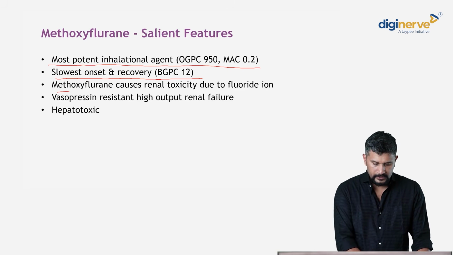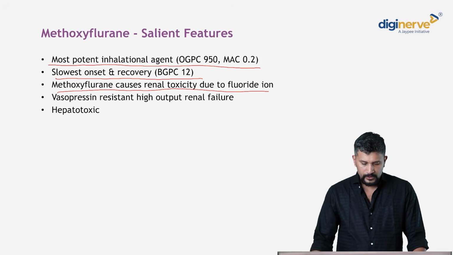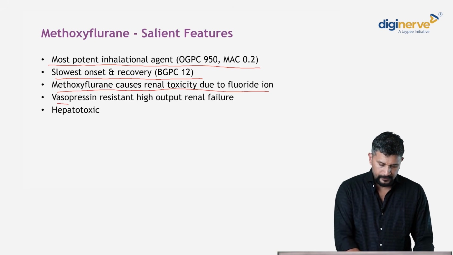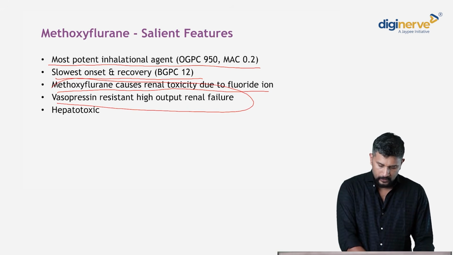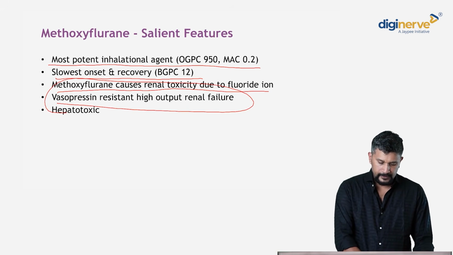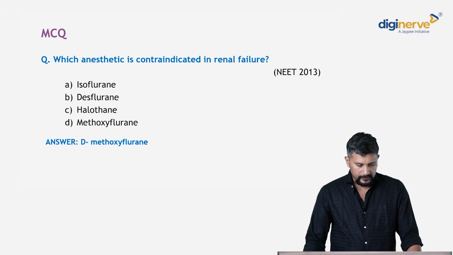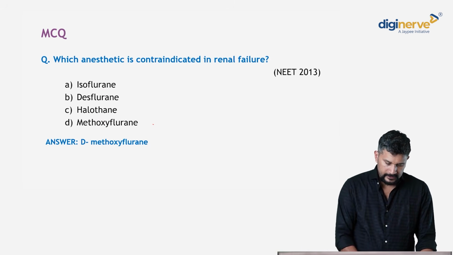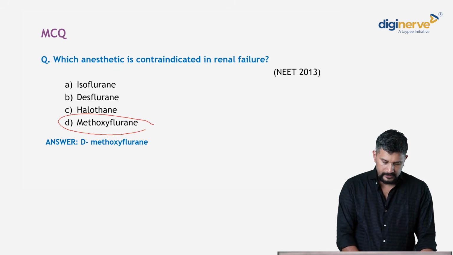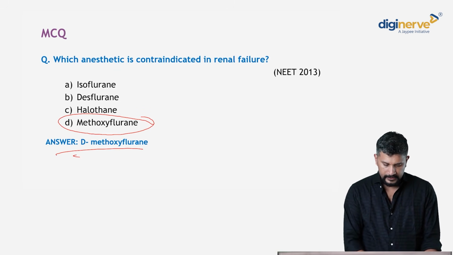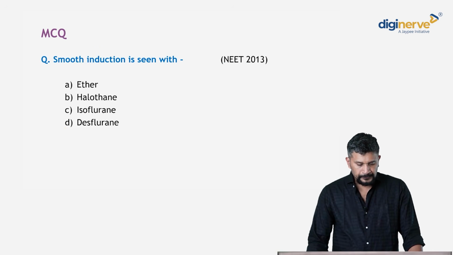Methoxyflurane, however, causes renal toxicity due to generation of fluoride ions, which can result in vasopressin resistant high output renal failure, and it is also hepatotoxic. So therefore, amongst the given options, the anesthetic which is contraindicated in renal failure would be methoxyflurane, and therefore the correct answer is D, methoxyflurane.